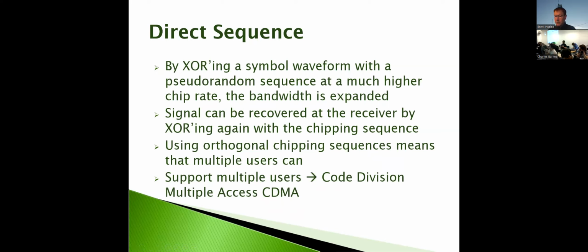It's more expensive to be able to switch that fast within a symbol. If you're trying to send data at a certain rate, that determines your symbol rate, based upon how many M-ary levels you're using, binary versus higher order modulation.